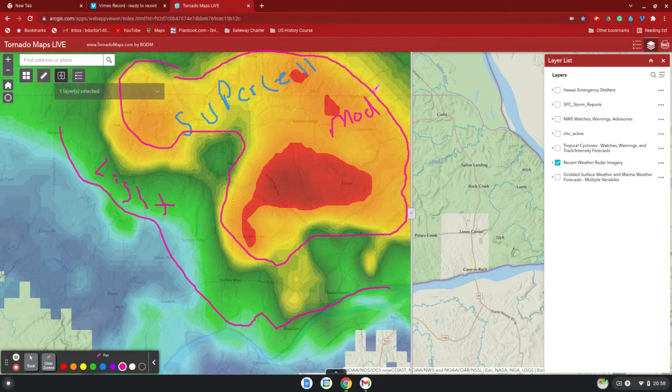Or downpours. And then we get into the inside of the supercell. And in here, this is heavy rain, or heavy hail, or some type of severe weather going on. So we have some heavy rain.